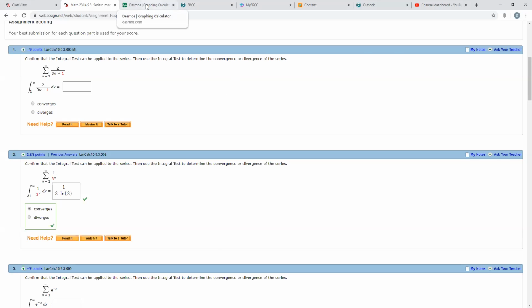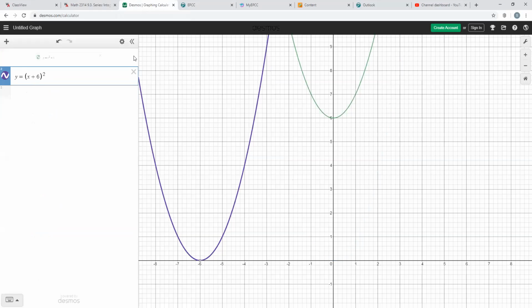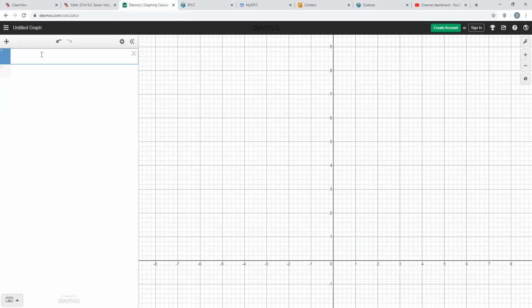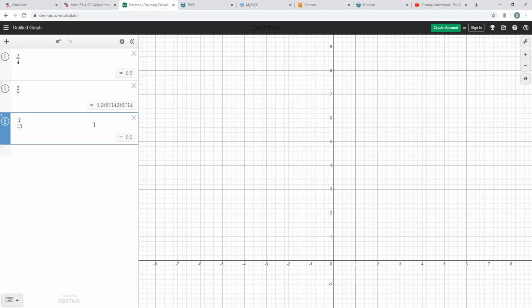Yeah, when I took the limit, I saw that, but I guess I'm not observing it right. I'm using my calculator, but I don't know what I'm doing wrong. So can you see my Desmos calculator now? Yeah. So 2 over 4, and then 2 over 7, and then 2 over 10, and 2 divided by 13.